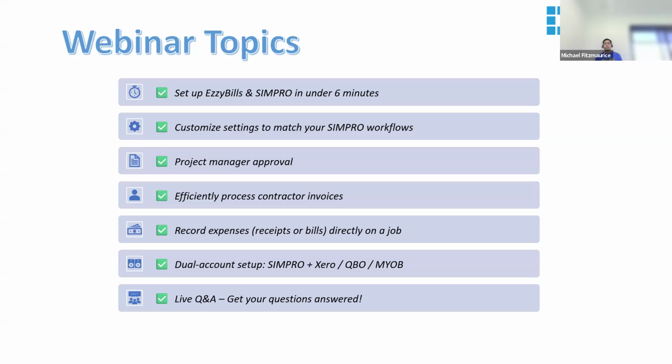The next section would be the settings configuration in EzzyBills to match what you would want in your SIMPRO in terms of exports, how you would want your bills to be exported. Following through, we will then have project manager workflow, contractor invoices workflow, and the job cost workflow.